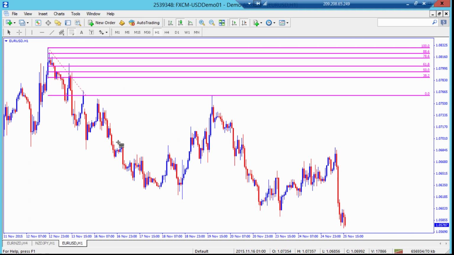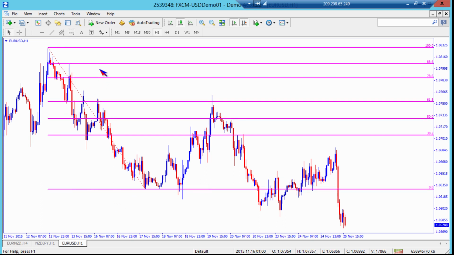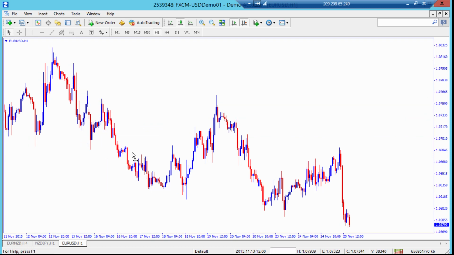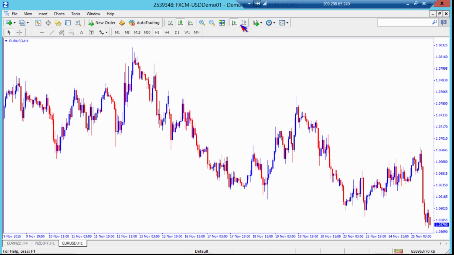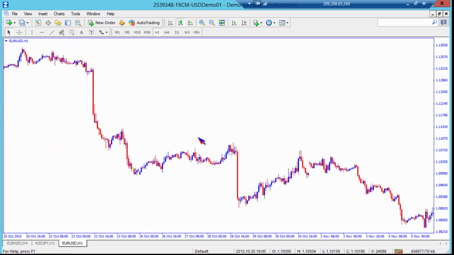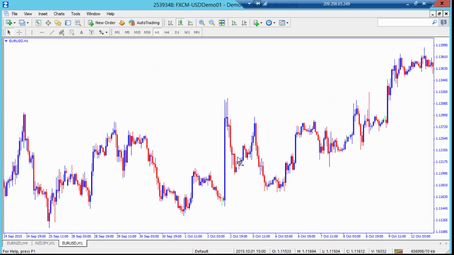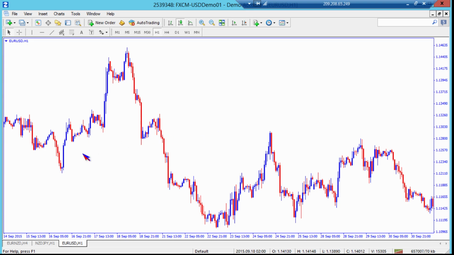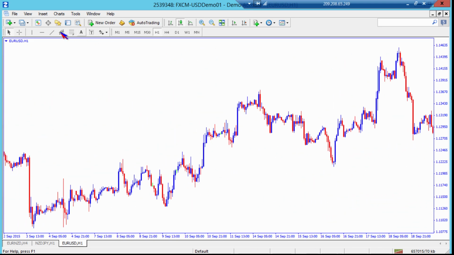Market high to market low. That's not what I'm looking for. I'm looking for a classic example. Better to teach on a classic example than to just teach on an example that you're not going to understand, because there's advanced techniques to this, so I just want to show you the basic of basics.